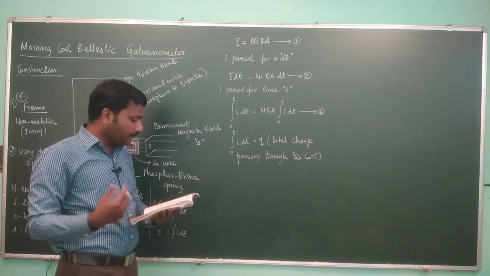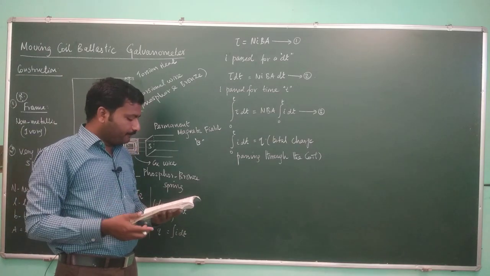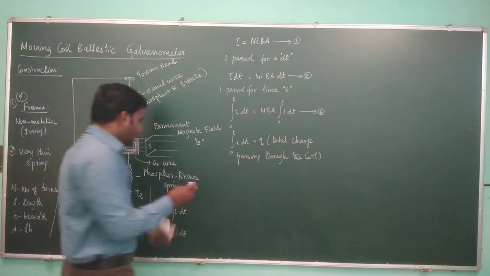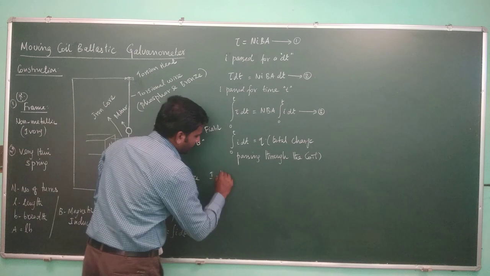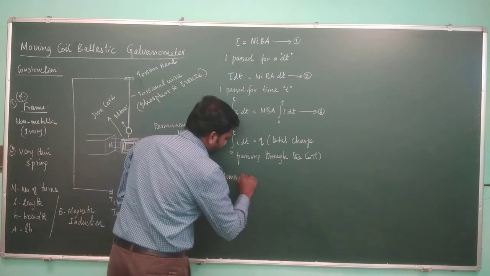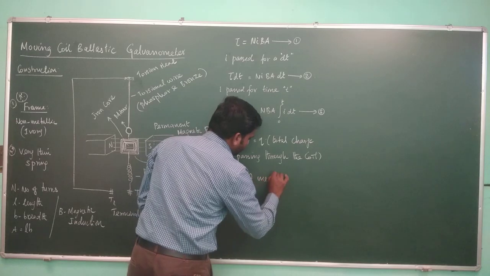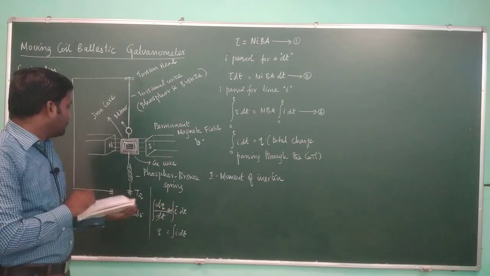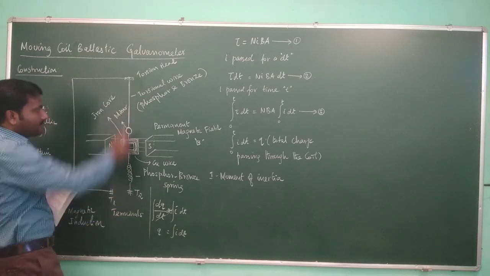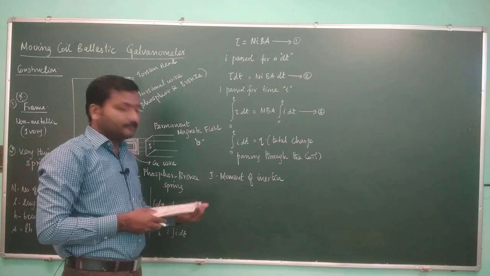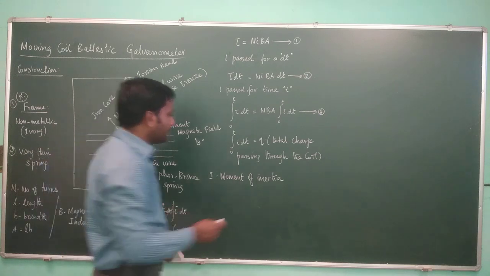If there is an angular impulse, then there will be a moment of inertia. Let I be the moment of inertia about the axis of the coil, and omega is the angular velocity.